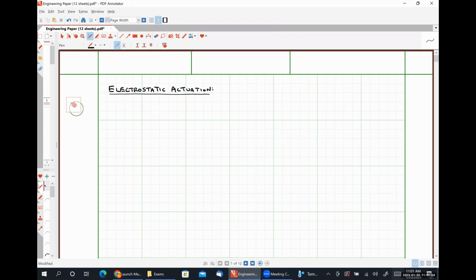So let's consider a simple parallel plate capacitor. Okay, so let's say up here we have our top electrode, and we are going to allow our top electrode to move.